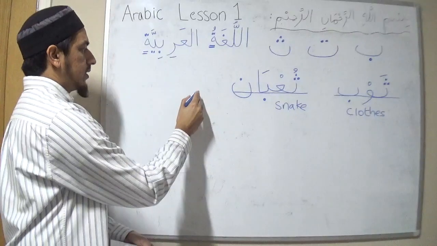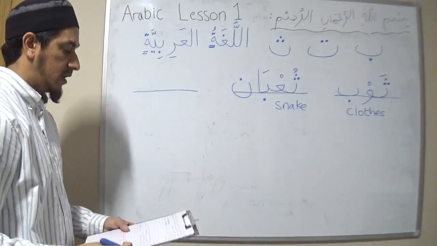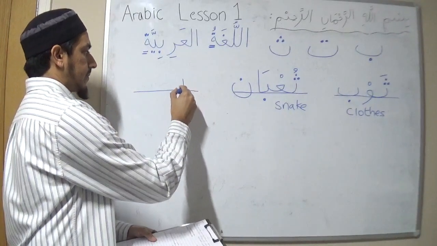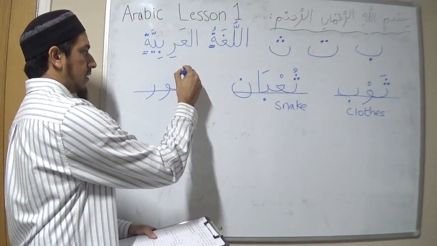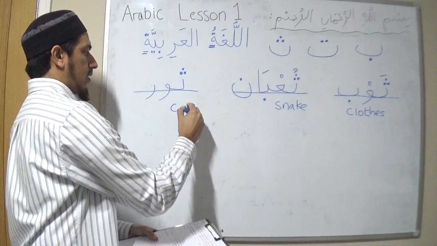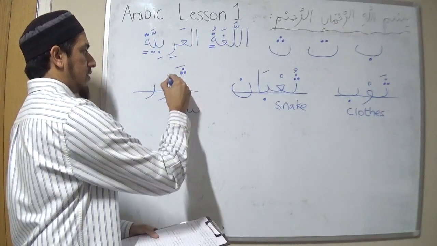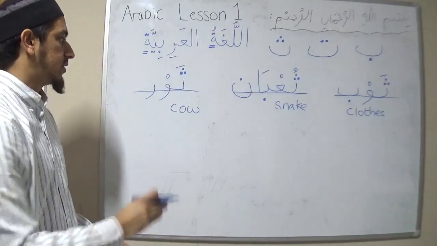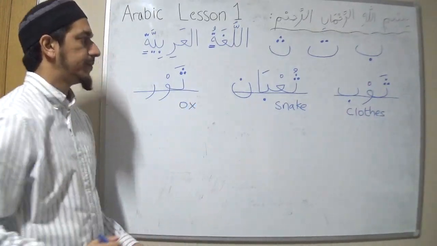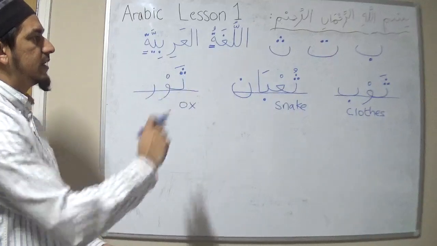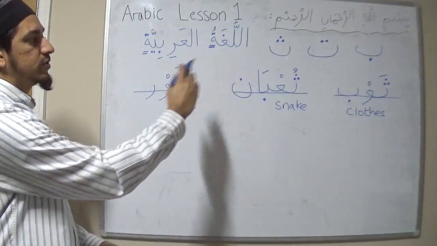And finally the last one, we have thow, which is a cow or an ox. Thow. I would say ox actually. So again, tha at the beginning, similar to how ba and ta would start.